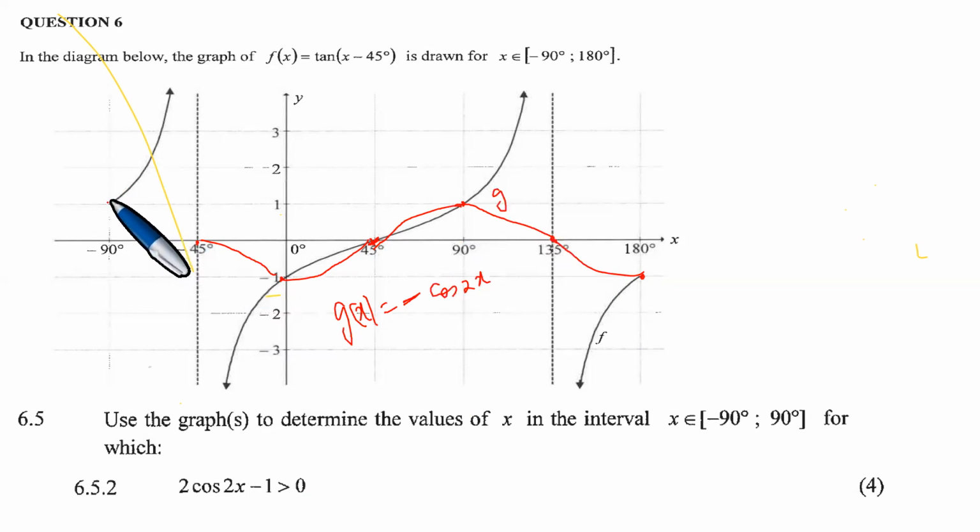This was sort of the rough graph that was drawn for the function g. It was pretty much this one. But now look at what the examiner has done. They've decided to multiply this by 2 and then subtract a 1 from it.